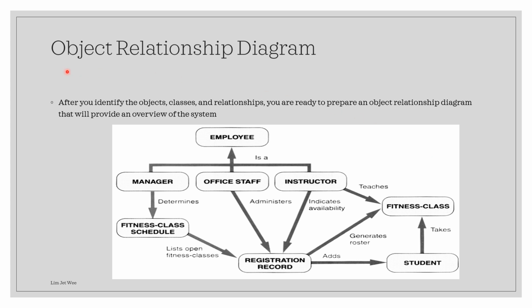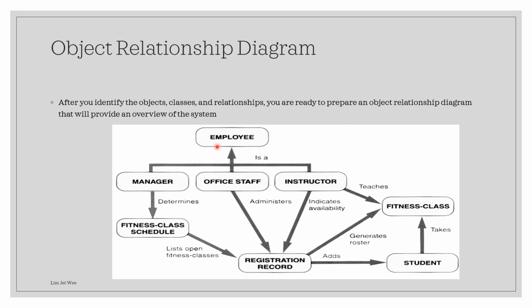And it's very difficult to keep track of all these relationships if you want to just list them down. So a better way of keeping track of them is to put them in a diagram, which is called an object relationship diagram. So it will look something like this.